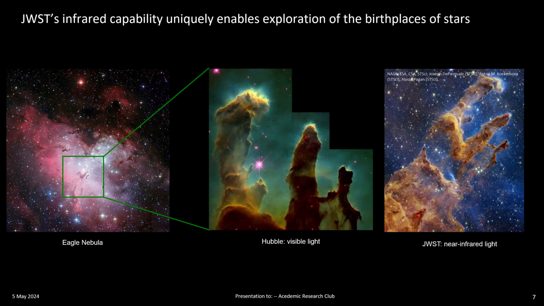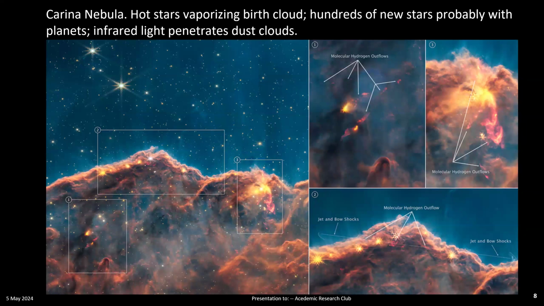When we look at that same object, the same field with the Webb Space Telescope, its longer wavelength infrared capability allows us to peer through the dust and to see the star formation action inside. And so this is just one example of how the Webb telescope uses its infrared capability to study star formation close to home. Here's another example of a different molecular cloud.